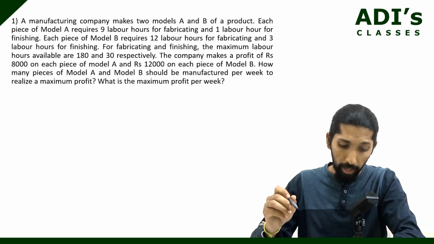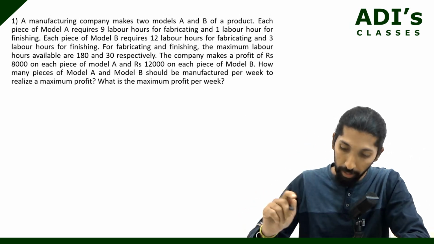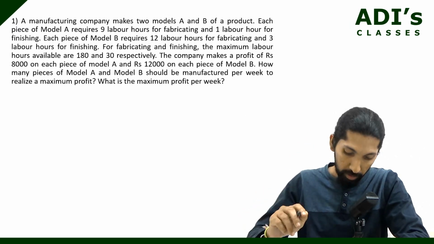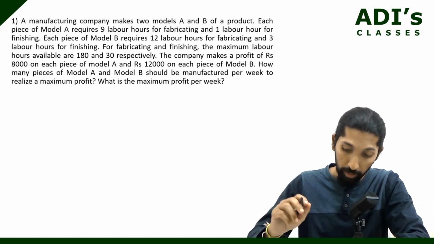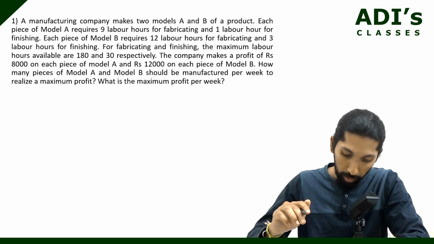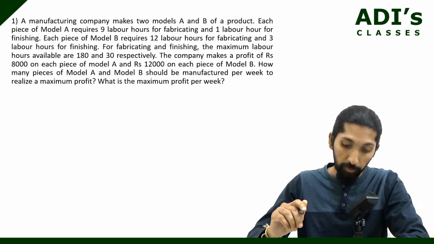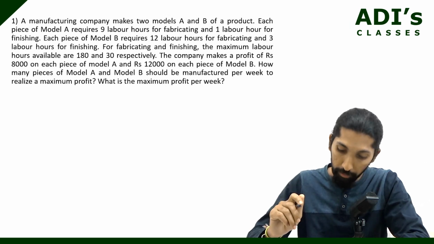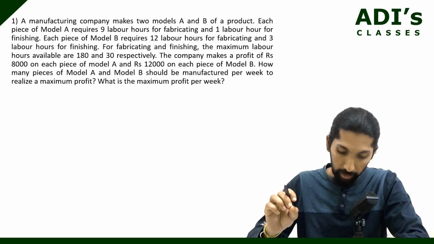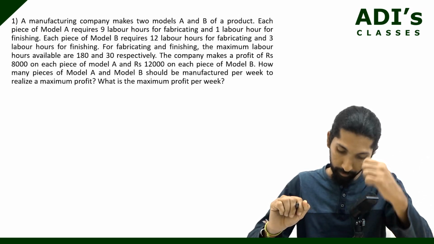A manufacturing company makes two models, A and B, of a product. Each piece of model A requires 9 hours of labor for fabricating and 1 hour for finishing. Each piece of model B requires 12 hours of labor for fabricating and 3 hours of labor for finishing.